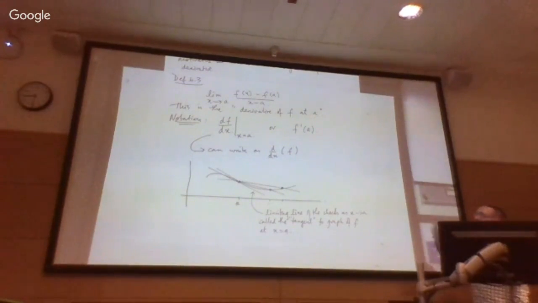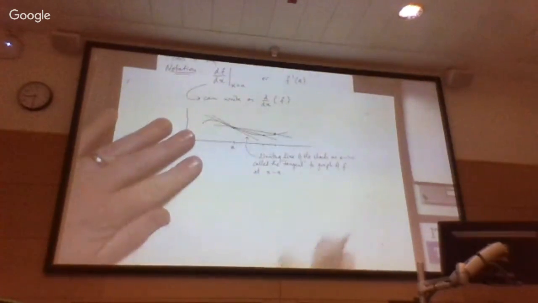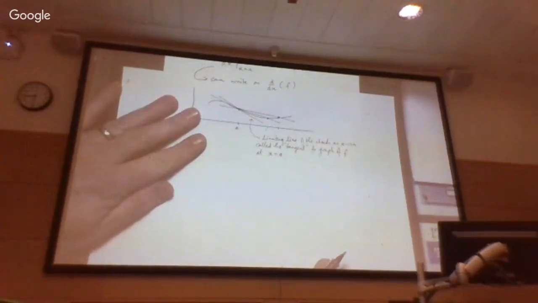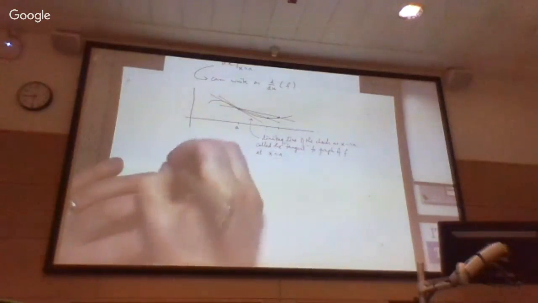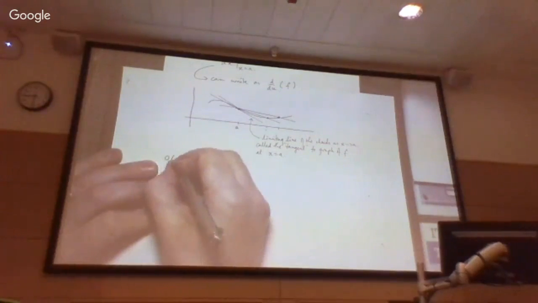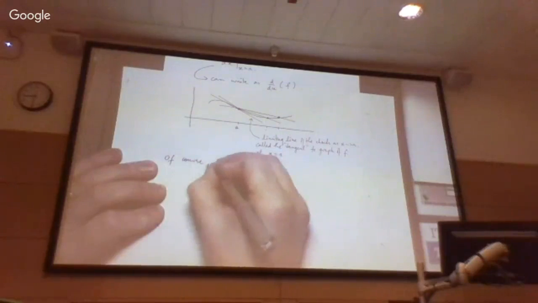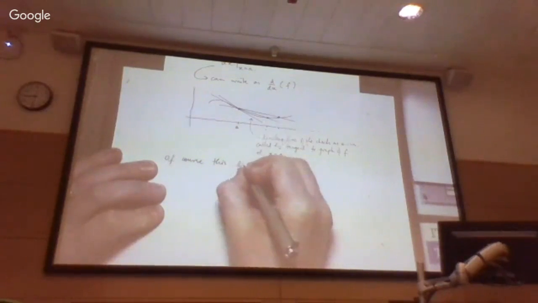They exist when the thing you're taking the limit of behaves kind of nicely in some sense, but they don't always exist. So we should just say a word or two about that. Of course this limit might not exist.